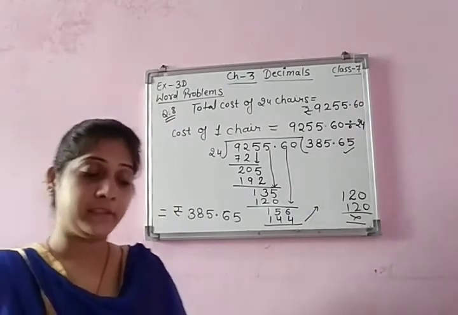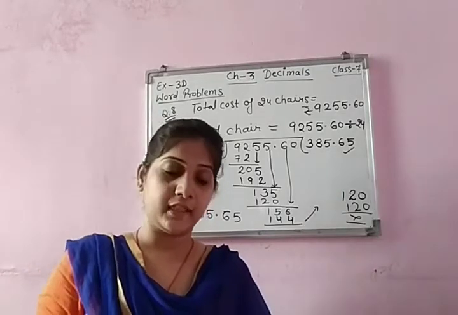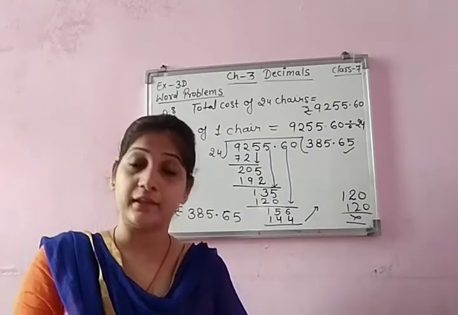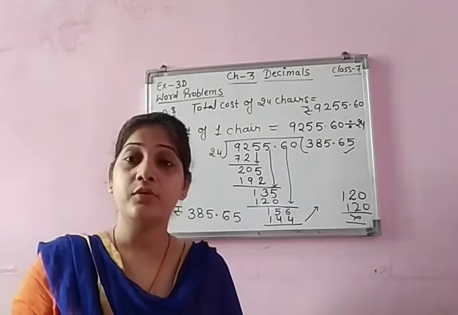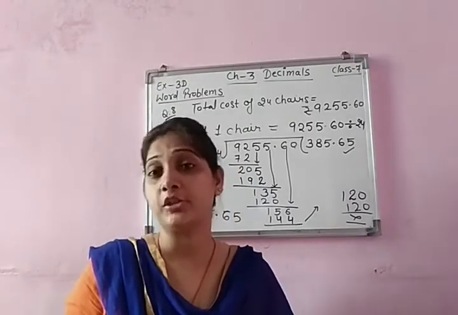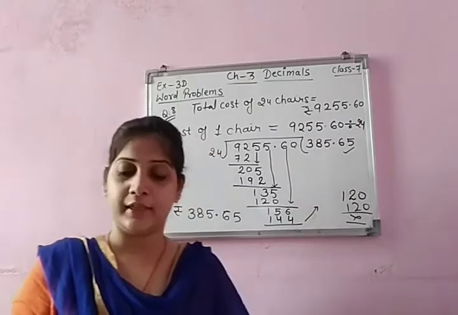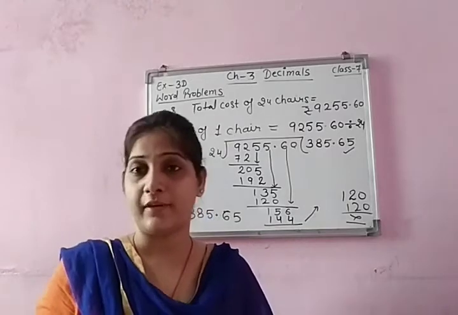Similarly, question number 9. 1.8 meter of cloth is required for a shirt. One shirt के लिए हमें कितना cloth required है? 1.8 meter. Now you need to tell how many such shirts, it means the number of shirts you have to calculate, can be made from a piece of cloth 45 meter long.